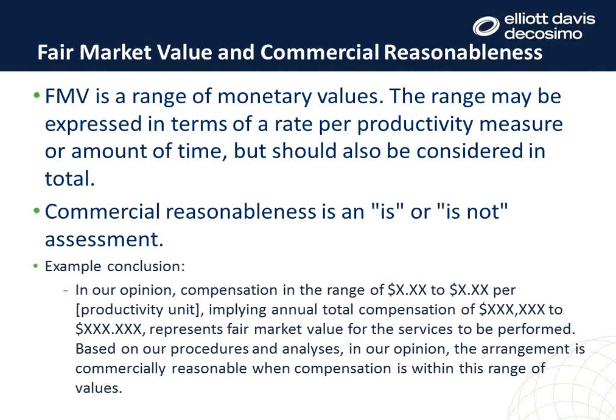And the bottom line, when we get to the end of the process that we've talked about today, we are coming up with a range, both a range of dollar amounts per productivity unit, if that's applicable to the agreement, and also what the total compensation annually is implied to be from the agreement, considering all the stacking components. And then the second piece of that is assessing at those dollar amounts, is the arrangement commercially reasonable? And I've provided an example of what a conclusion as a result of that analysis might look like.